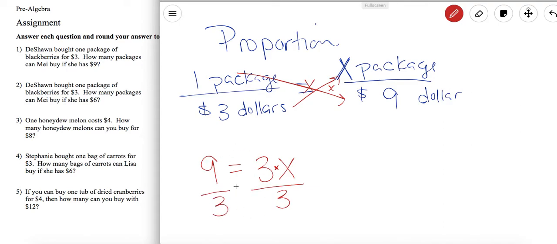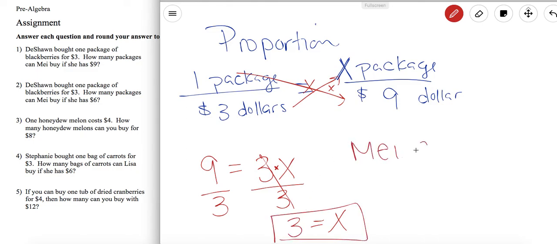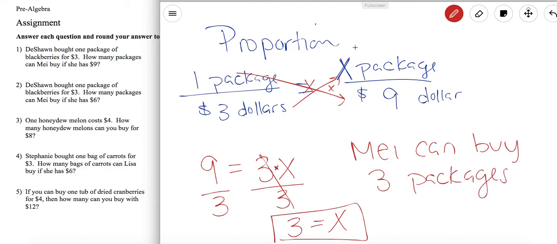Always remember both sides. So here we cancel out and we're left with x equals 9 divided by 3, which gets me 3. So Mai can buy 3 packages. Remember, we solved for our x, so it's 3 packages.